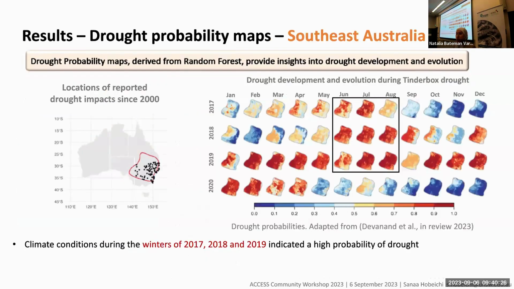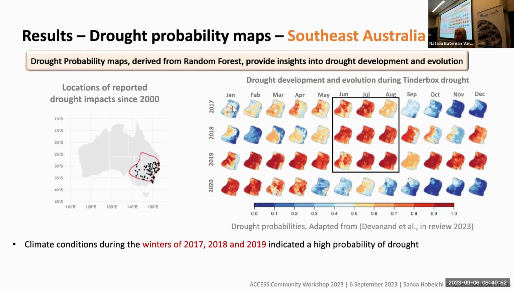We can also use random forest to generate drought probability maps and to provide insight into drought development and evolution. So when we applied this approach on the impacted region during the tinderbox drought, on the left we see the region impacted, and those black dots are where we collected the reports from since 2000.